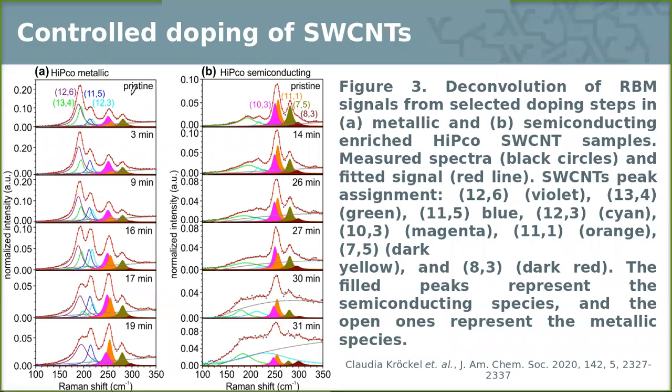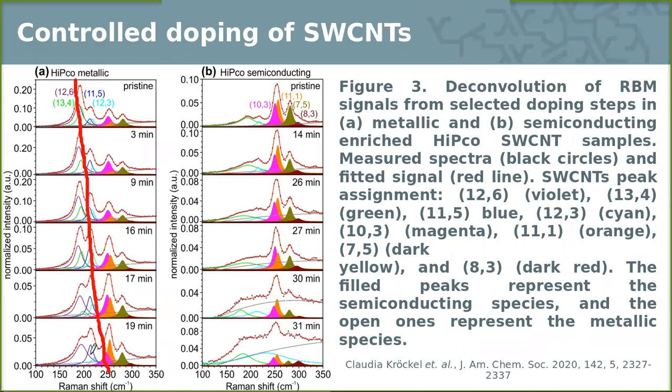From the pristine material that has no doping, we took each of the peaks and then saw how they were changing and which of them was disappearing first. The first thing that we observe, and it's very clear from here, is that we have a shift.